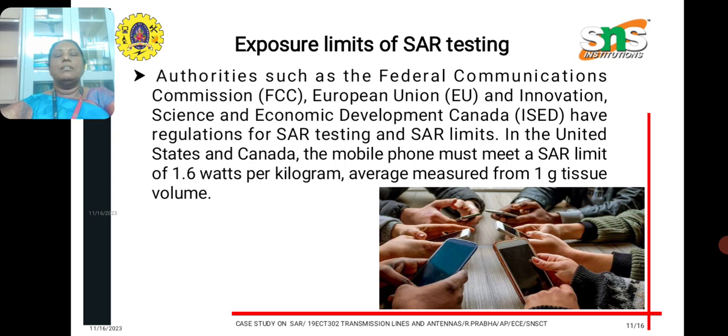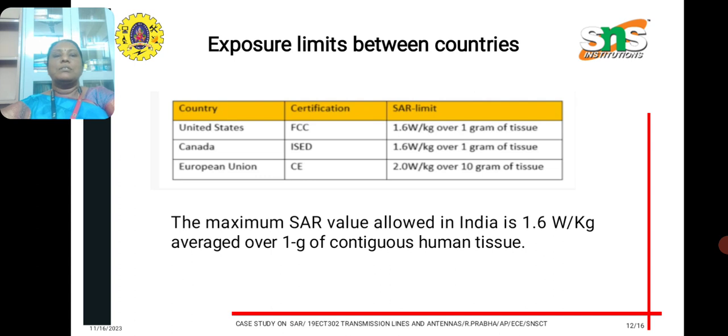This is the same for India also. The exposure limits between countries are given in the table. For the United States, Canada and also India, the value is 1.6 watts per kilogram for 1 gram of contiguous human tissue, and for the European Union it is 2 watts per kilogram over 10 grams of tissue.